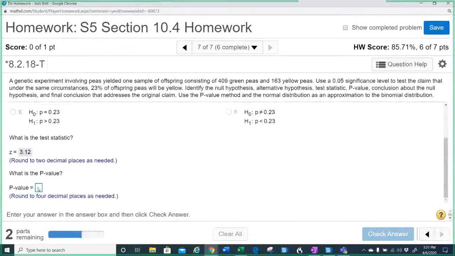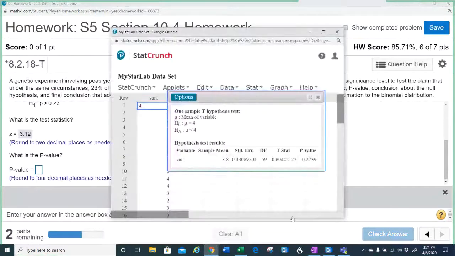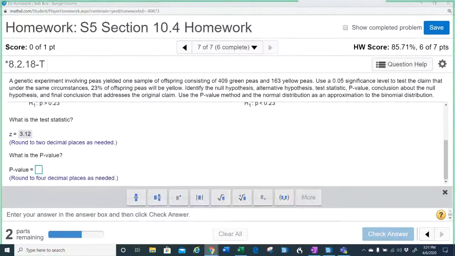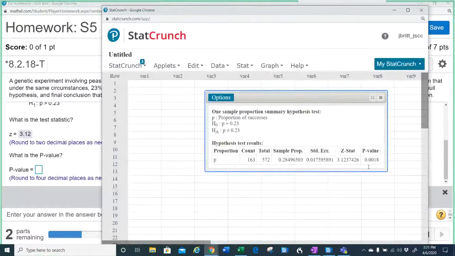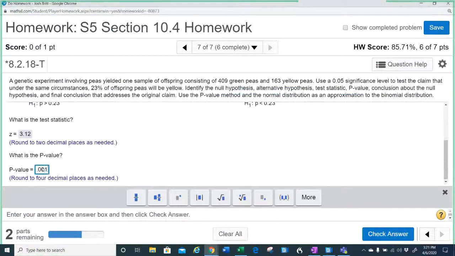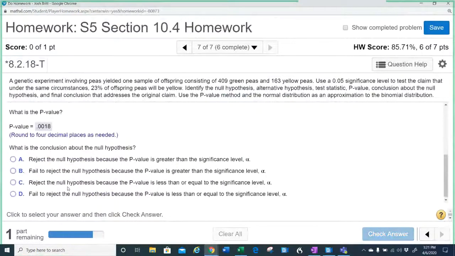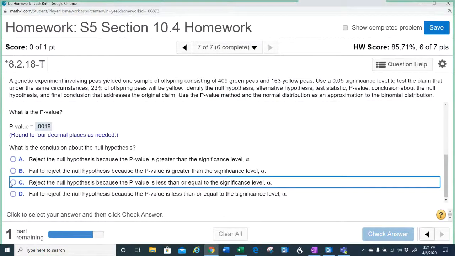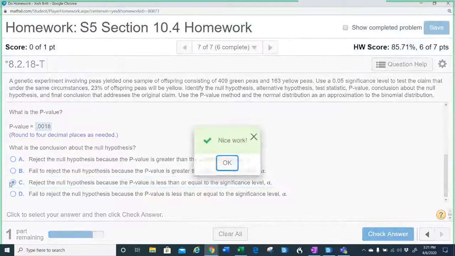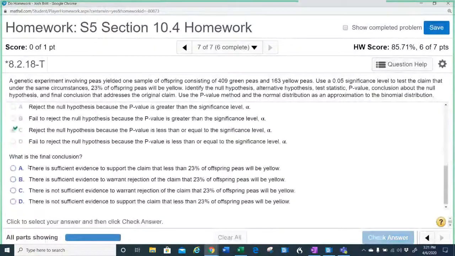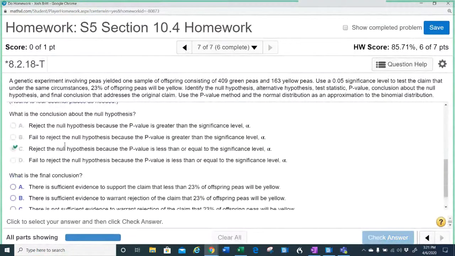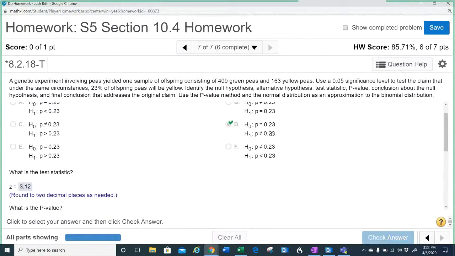P-value, the right one here, is 0.0018 with 4 decimals. And that is a small p-value, so we reject the null hypothesis because the p-value is less than alpha. So what's the conclusion? The conclusion is that we support that the proportion is not equal to 0.23.